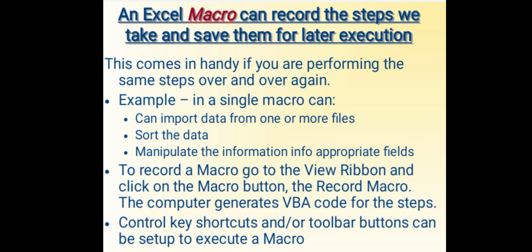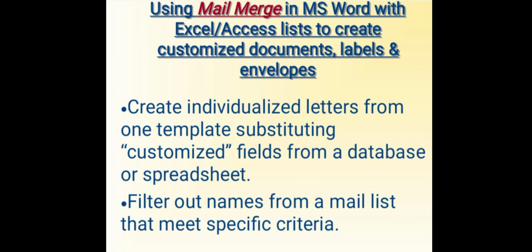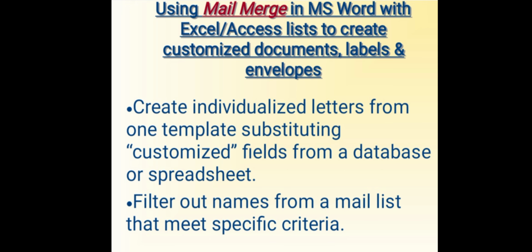To record the macro, go to the view ribbon and click on the macro button, then record macro, and the computer generates VBA code for the steps, and control key shortcuts and toolbar buttons can be set up to execute a macro.